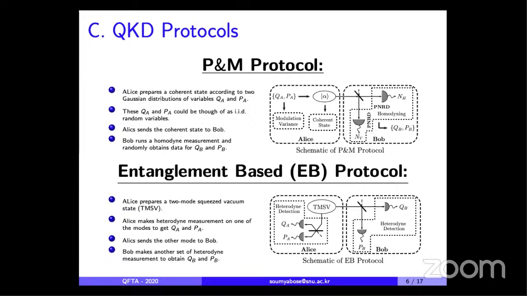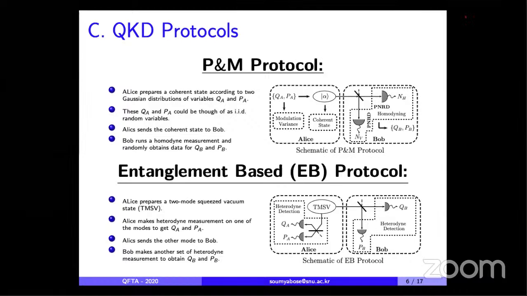Now, after that prepare and measure protocol, people came out, particularly based on Ekert's protocol in 1991, with the entanglement based protocol. They said that instead of preparing a state and sending it to some other party, why don't we just simply share an entangled pair?